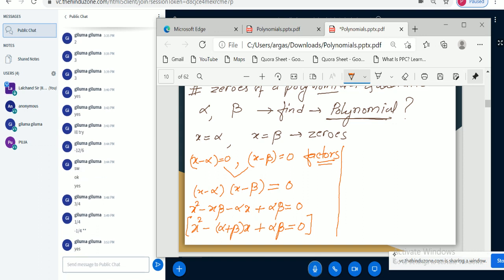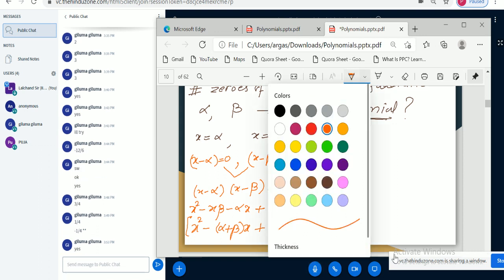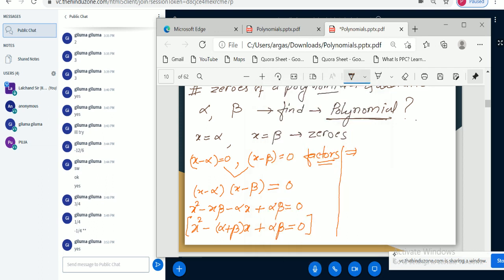If I write p(x), in case of p(x), we write some constant k into x square minus (alpha plus beta) x plus alpha into beta to find the polynomial.